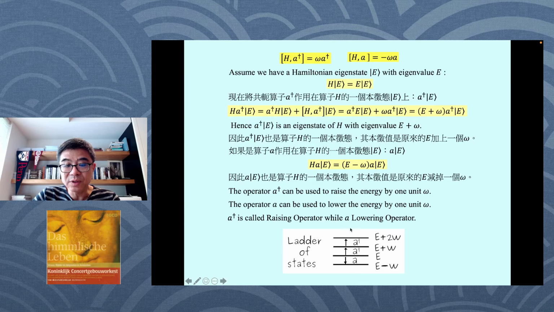Here I have a cartoon depicting the various energy states, and with A dagger you raise the energy by 1 unit of omega, and with A you lower the energy by 1 unit of omega. So that's a very significant result.